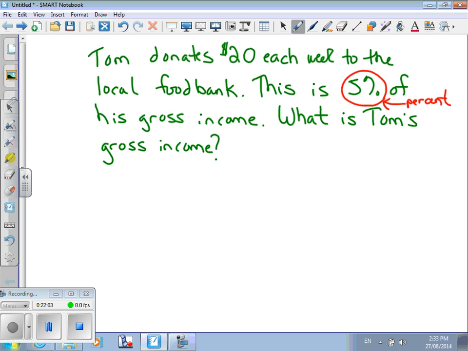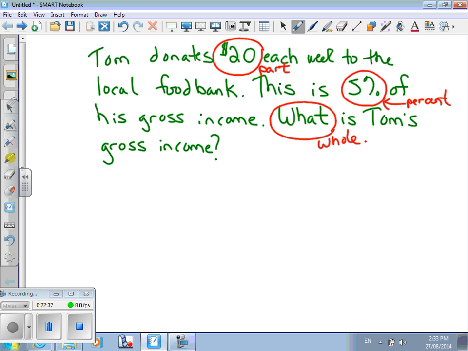So that must be our percent. And the question gives us one other number, which is that $20. And $20 is the piece of his whole income. His whole income would be the thing that we're looking for. This $20 that we're given is the part or the piece of the whole. The what right here is the whole.